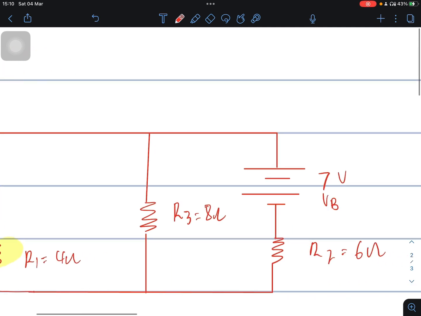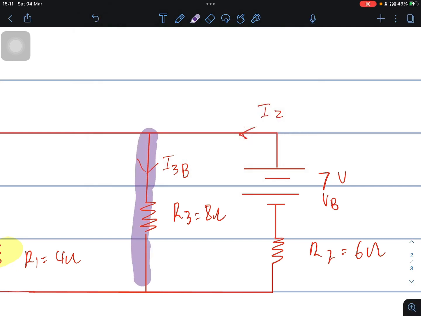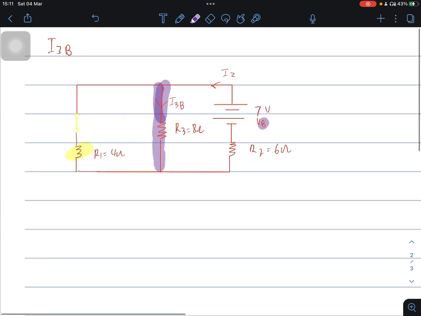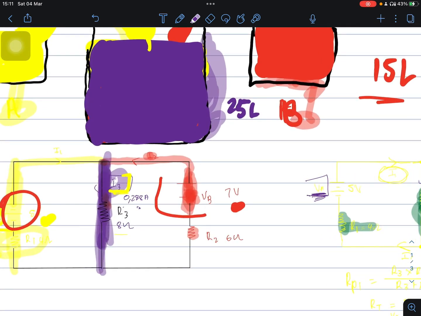The source current, let's call it I2. Then let's call this one I3, due to source B. This is the current that we are looking for, because this current is the contribution of this source to this branch current in the original circuit.